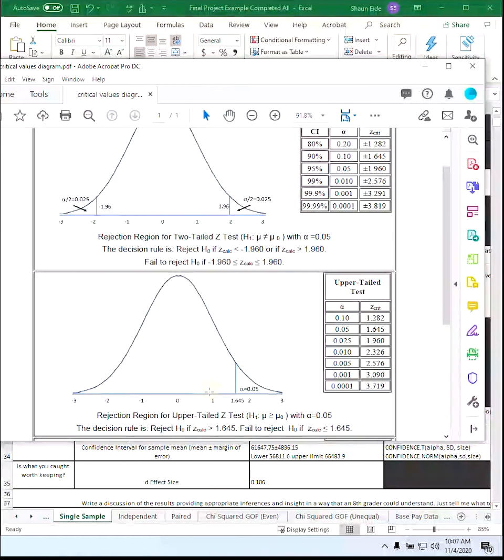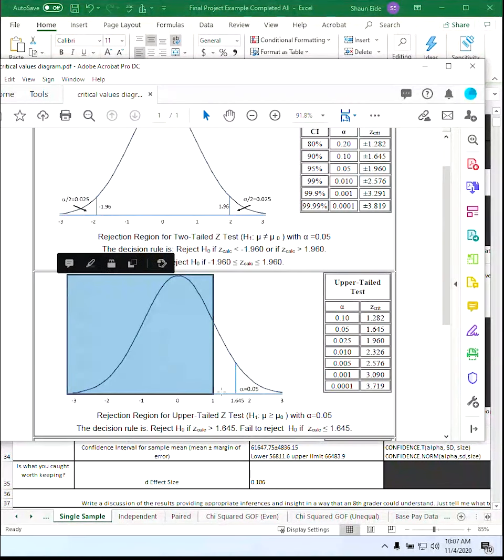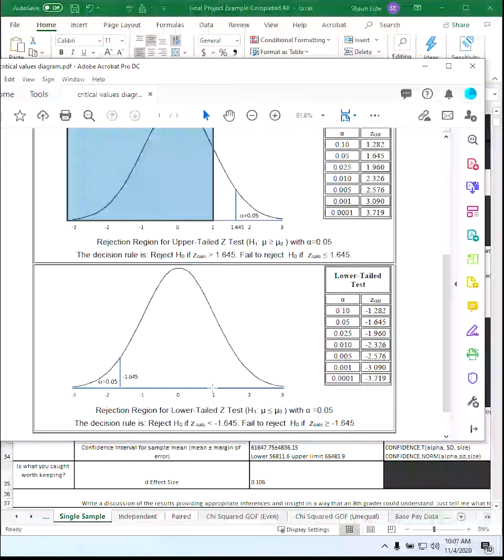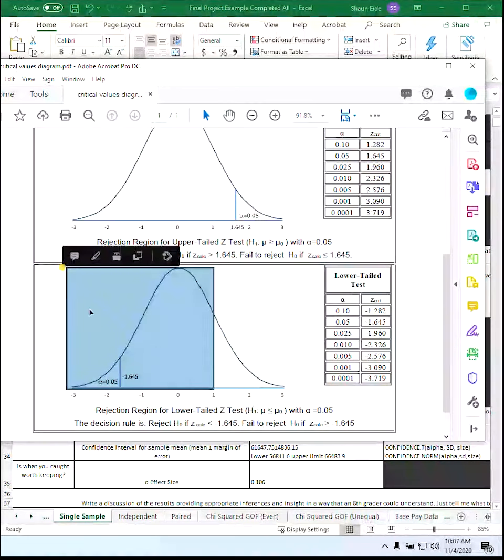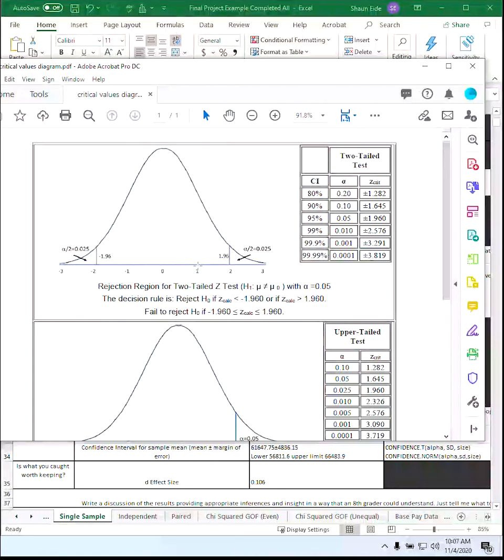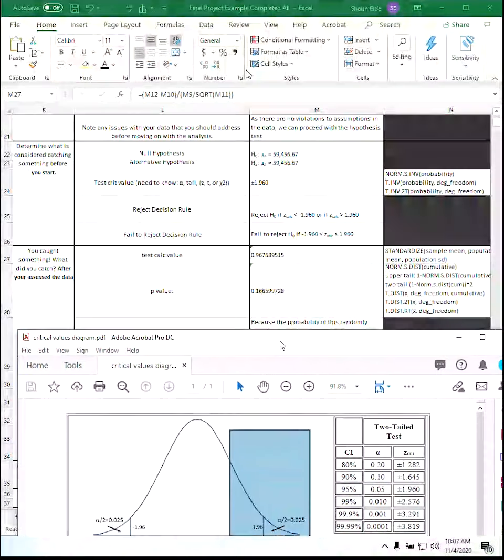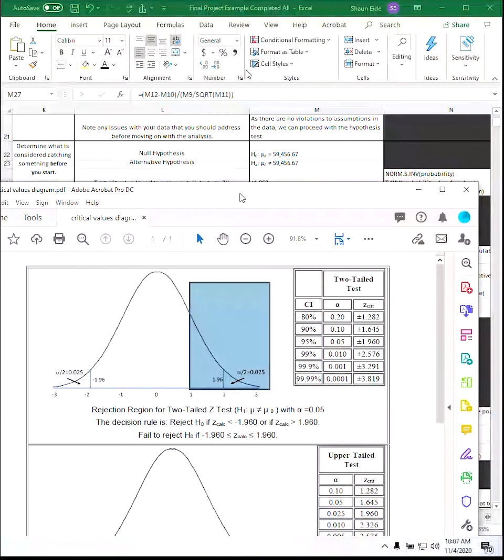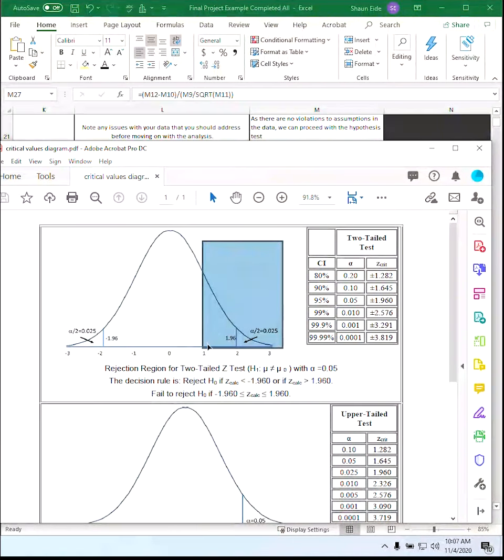If you're running a lower tail test, it's going to say, what's the probability of you getting 0.96 or lower? So anything that's more extreme in a lower tail test is 0.96 or below, which is right down here. This right here is that 0.1665. Now, what we're doing is, what's the probability of getting 0.96 or higher, or negative 0.96 or lower?